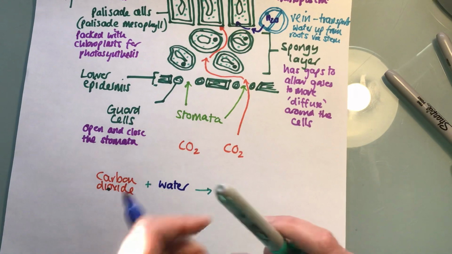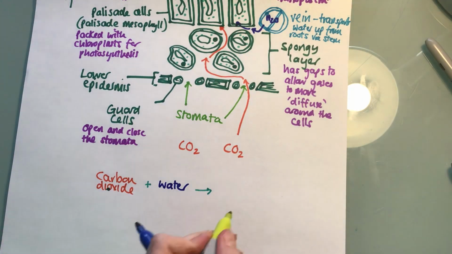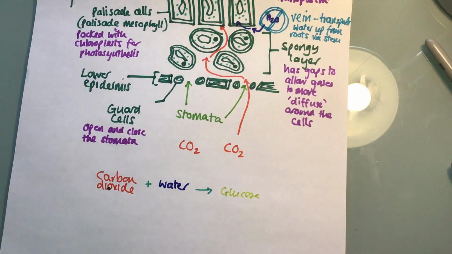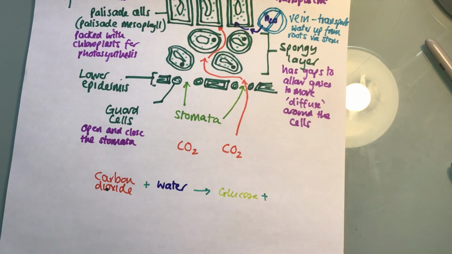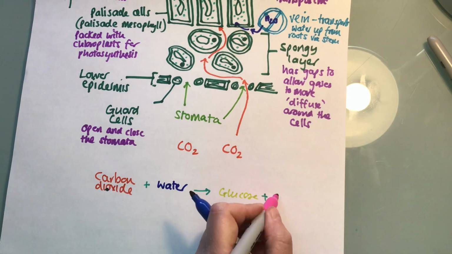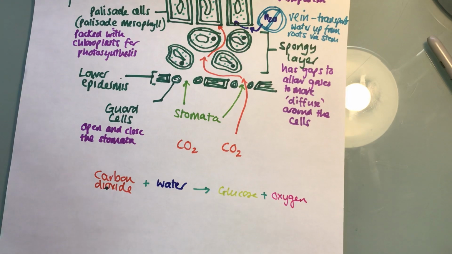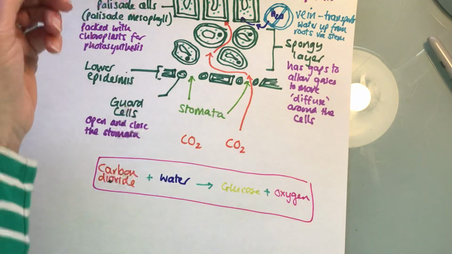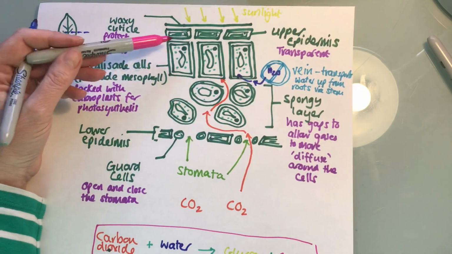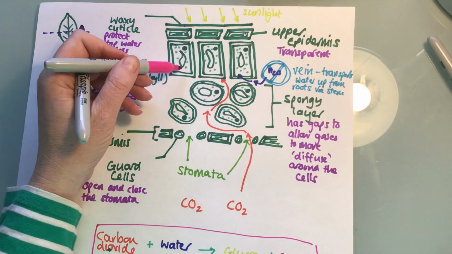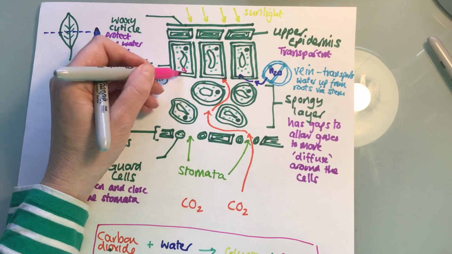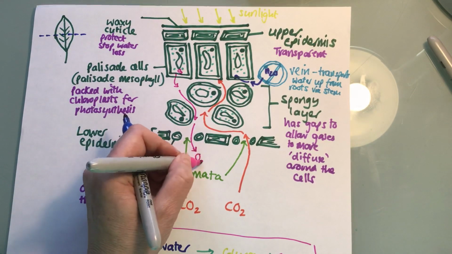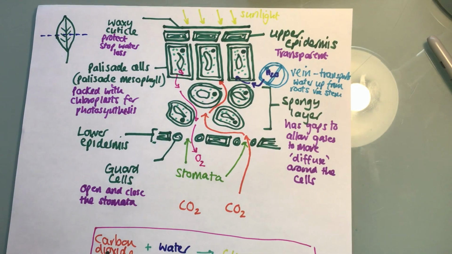That's going to give us glucose plus oxygen. So this is the reaction that is happening inside the chloroplasts in here. And so when the oxygen is made in here, that can then leave the leaf back out of the stomata.